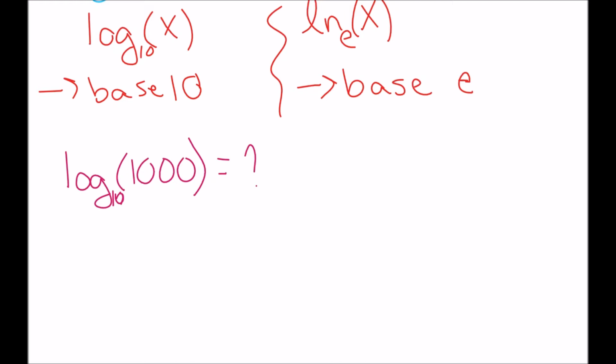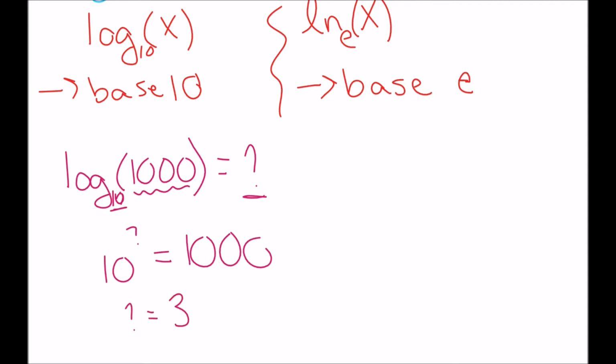The way you go about solving this, if you want to find the question mark, you say that 10 to the power of the question mark equals 1,000. This might look a little daunting, kind of weird, but we actually all know that 10 cubed, or 10 to the third power, 10 times 10 times 10 equals 1,000. So therefore, we know that the question mark has to equal 3, because we're multiplying by 10 three times.